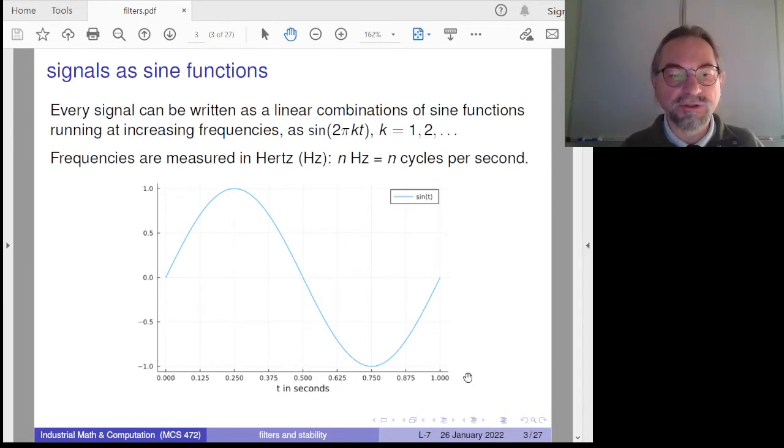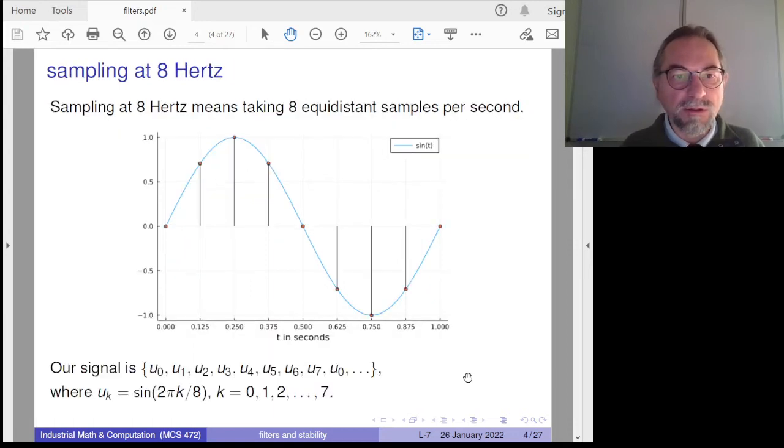The sine function will be sampled at a frequency of 8 Hertz. So 8 points per second. Okay, so we will see a sequence of numbers. The numbers are sampled, computed by evaluating the sine function, the sine 2 times pi times t. So sampling at u0, so we call u0 the first sample, which is just 0.